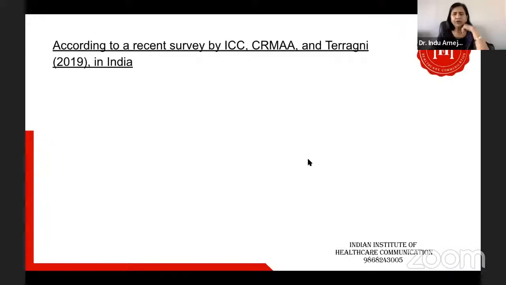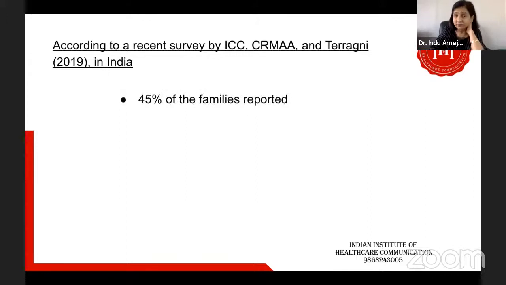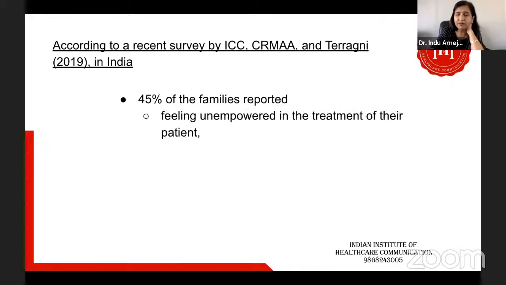According to a recent survey by ICC, CRMA, and Tranmate, 2019, 45% of the families reported feeling unempowered in the treatment of their patient.